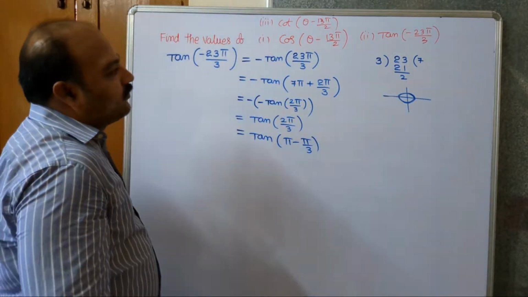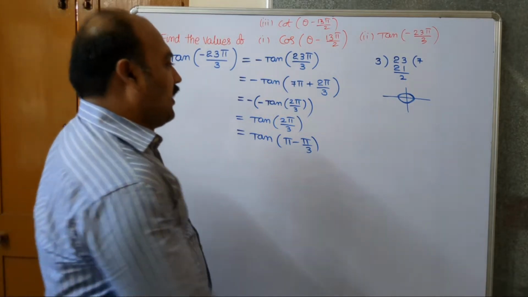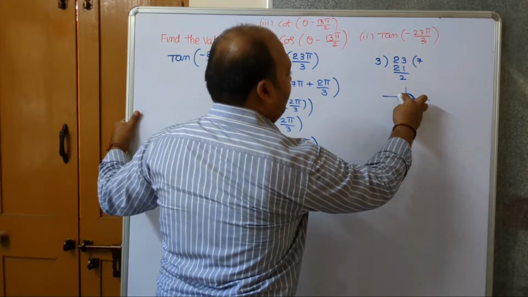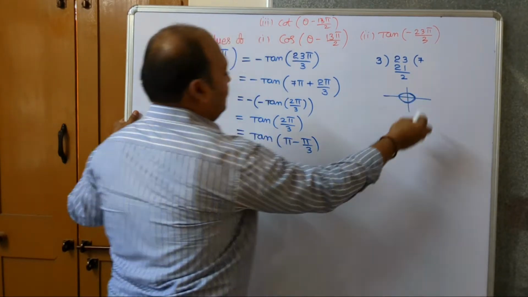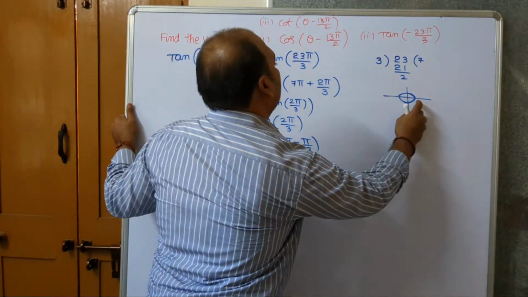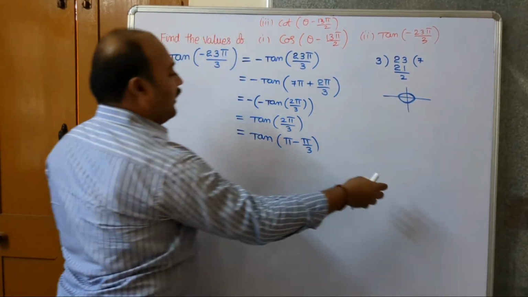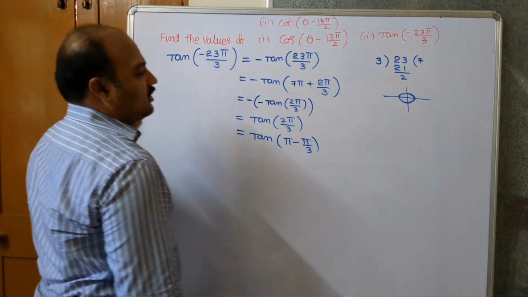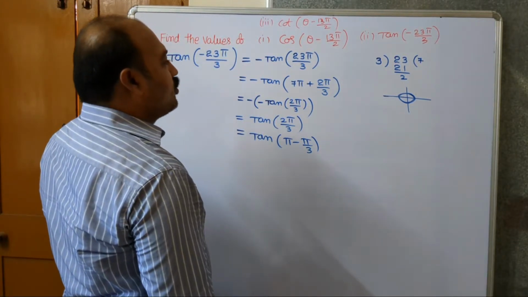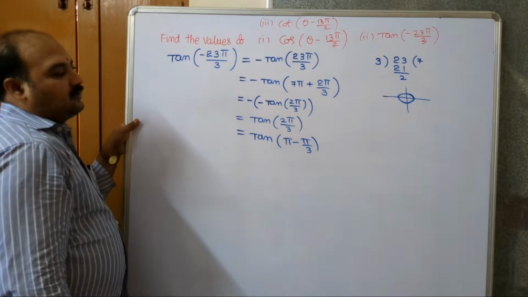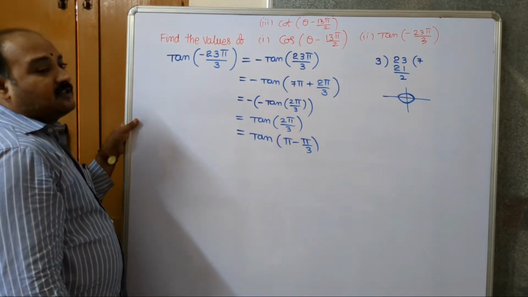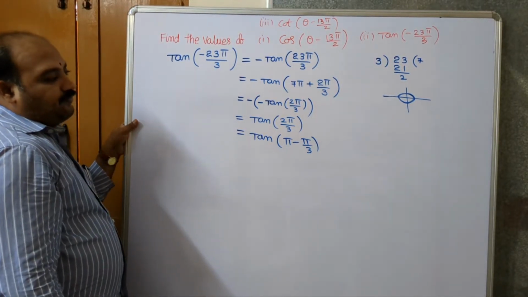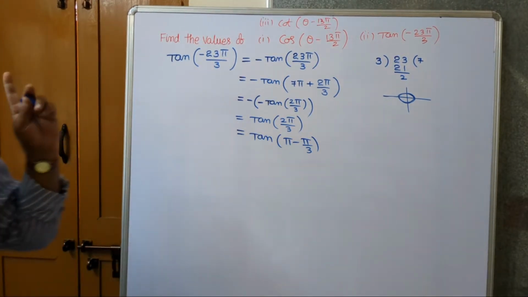So 2 pi by 3. 7 pi: pi, 2 pi, 3 pi, 4 pi, 5 pi, 6 pi, 7 pi. 7 pi plus 120 in the fourth quadrant. In fourth quadrant, tan negative. So minus into minus plus. 2 pi by 3. Pi minus only, no? Pi minus means in second quadrant tan negative.